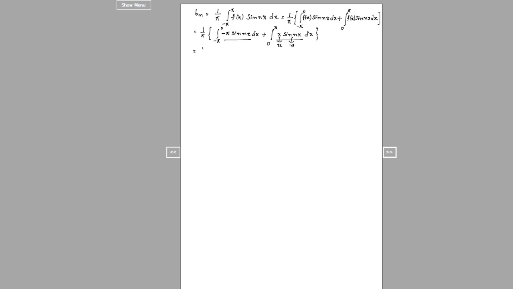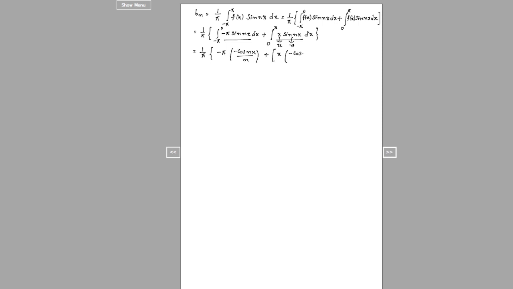So 1 by pi times of minus pi is constant. Integral of sine is minus cos nx divided by n, plus now apply Bernoulli's rule. x into integral of sine is what?